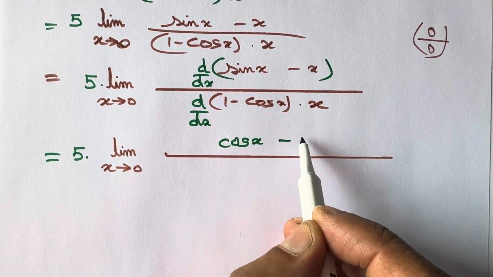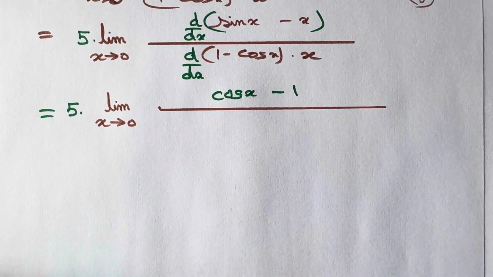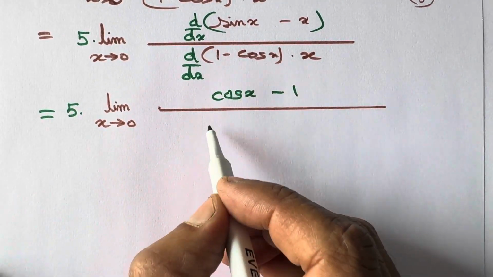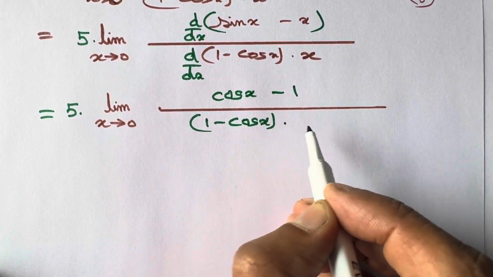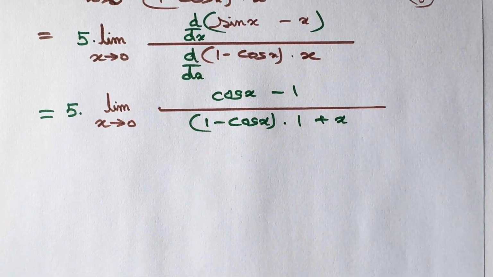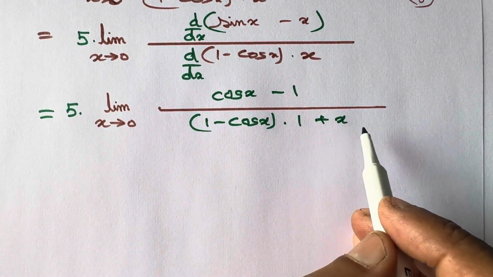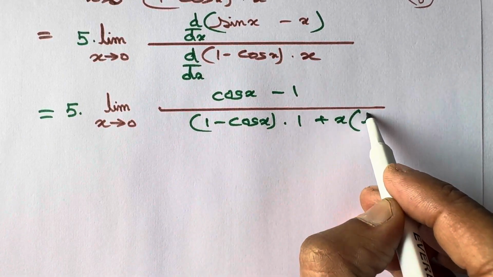Derivative of x is just 1. How about the denominator? Well, we apply product rule. 1 minus cos x times derivative of x, which is 1, plus x times derivative of 1 minus cos x. Derivative of 1 is 0. Derivative of minus cos x is sin x.